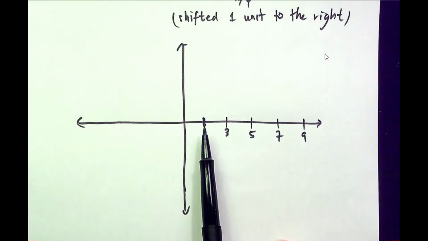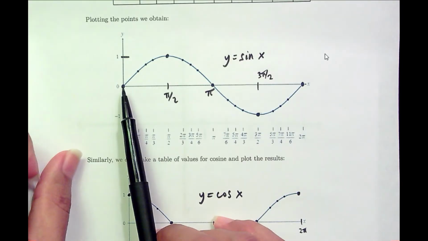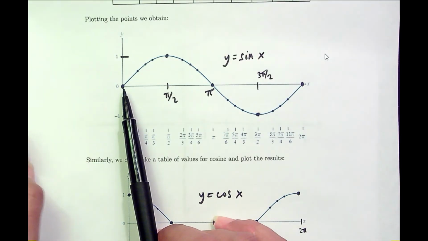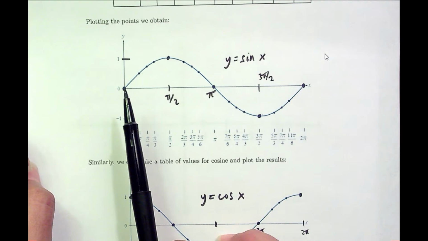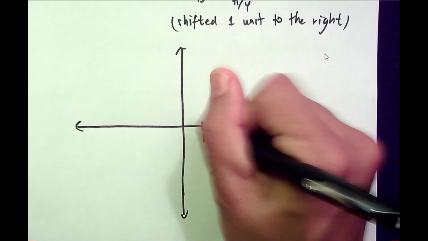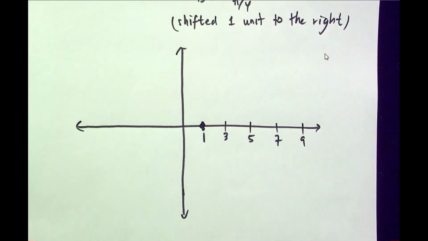Okay, so let's do that. The point that goes over the first tick mark is this one. The y coordinate is 0. 0 times 3 is 0, plus 0 is still 0. So that's where we are.